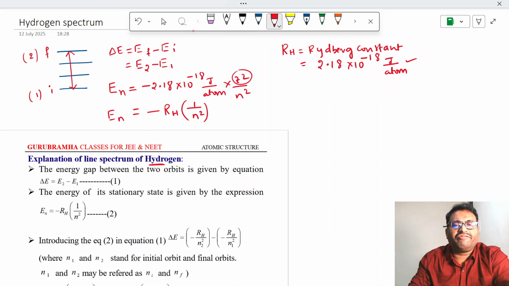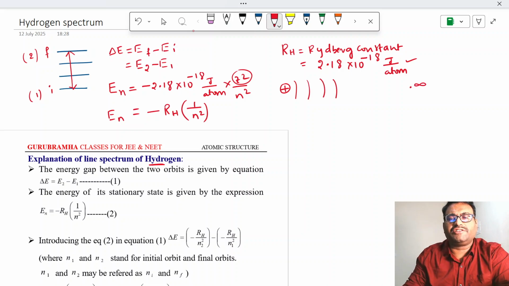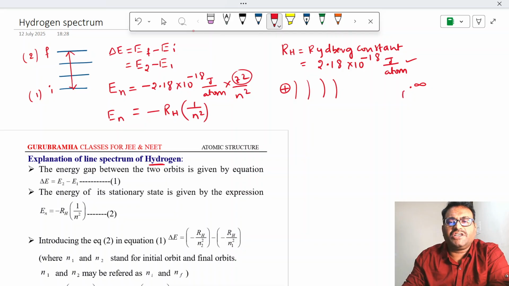What is the amount of energy possessed by an electron when it is at infinite distance? Consider this as infinity distance. It is not under the influence of this atom. The energy possessed is E infinity equal to 0. At infinite distance, the energy possessed by the electron is 0.